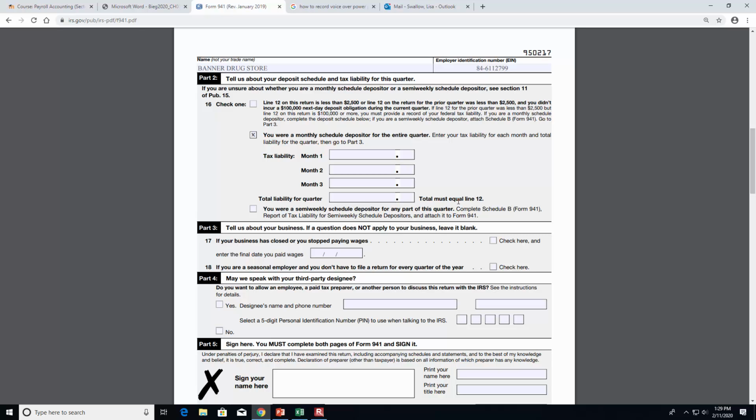On that very first section, there's an Excel spreadsheet of all the payroll registers.